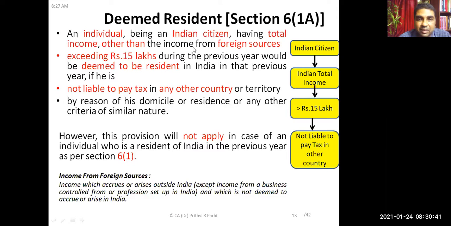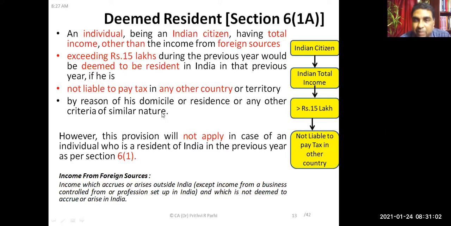If the Indian income exceeds rupees 15 lakh during the previous year, he would be deemed to be resident in India in that previous year if he is not liable to pay tax in any other country or territory by reason of his domicile, residence or any other criteria of similar nature.